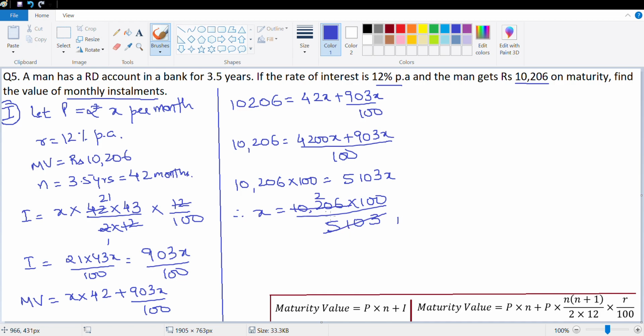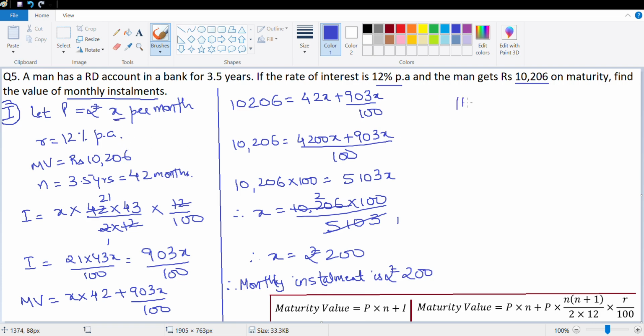This is 2 times this. Therefore, x is equal to rupees 200. We need to find the value of monthly installment. Therefore, monthly installment is rupees 200. Done. So this is using algebra where I take the value of P as x.